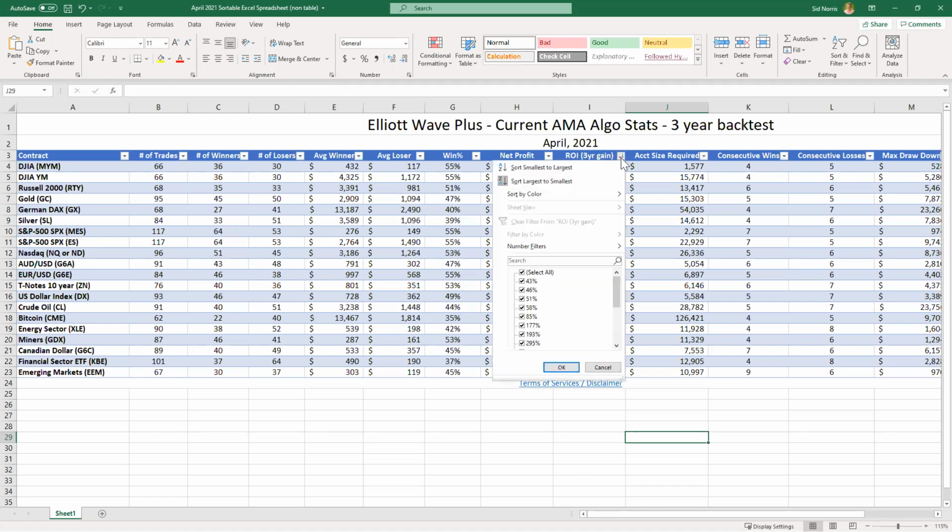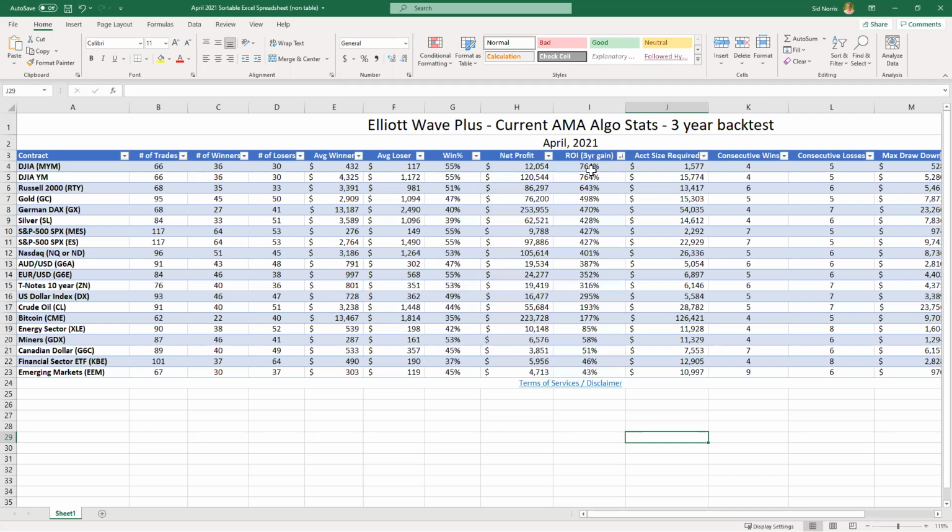If you were going to sort by return on investment, largest to smallest, that means the ones that put up the larger percentages. This is a 3-year return on investment gain. It's figuring that you started with the account size required in order to run the algo starting 3 years ago.